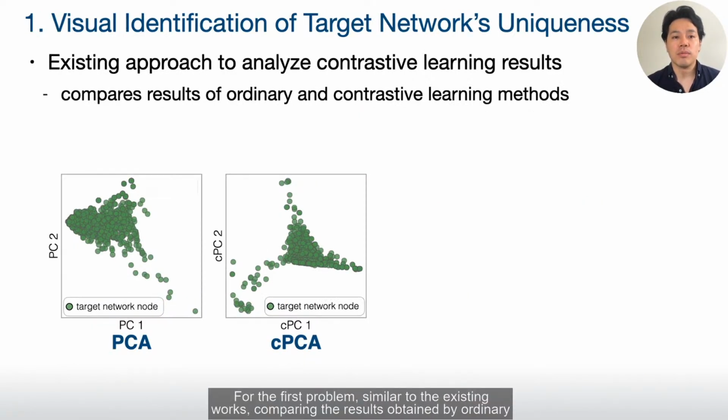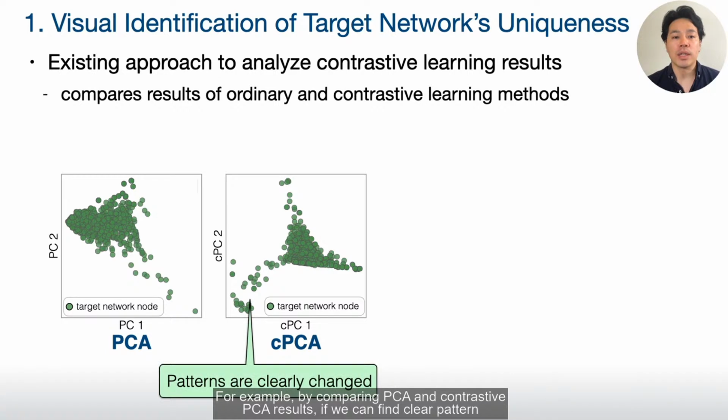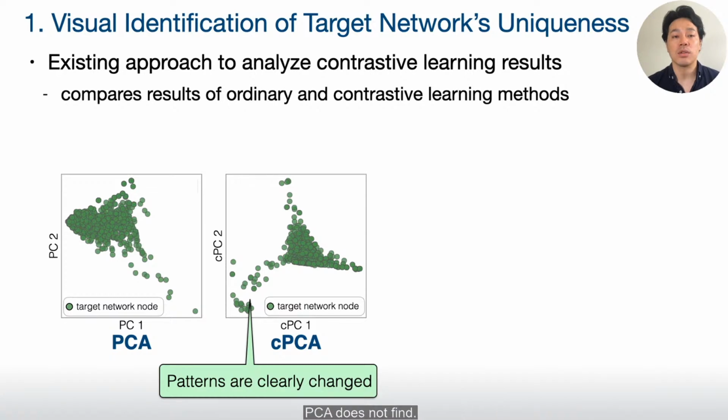For the first problem, similar to the existing works, comparing the result obtained by ordinary and contrastive learning method is a potential solution. For example, by comparing PCA and contrastive PCA results, if we can find clear pattern differences, we can say that contrastive PCA finds the target dataset's uniqueness that PCA does not find.